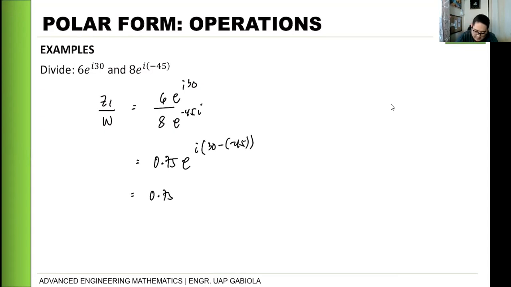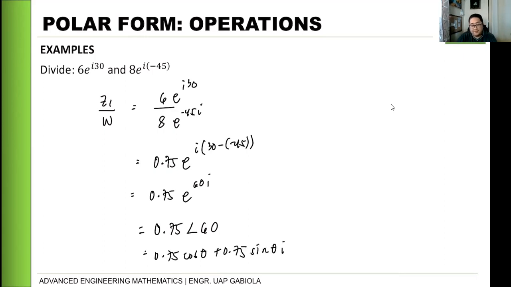So 0.75 e^(-15i). So that can be our answer, or we can simplify it. Like earlier, it is 0.75 angle of negative 15. Or in rectangular form, it's 0.75 cosine of theta plus 0.75 sine of theta i. Okay? So that is the connection of our forms.